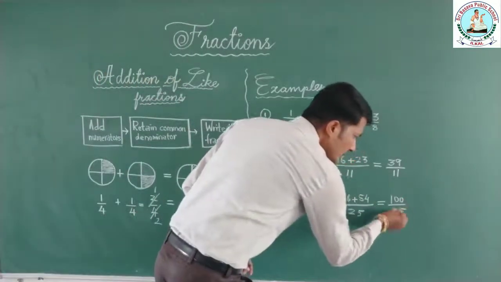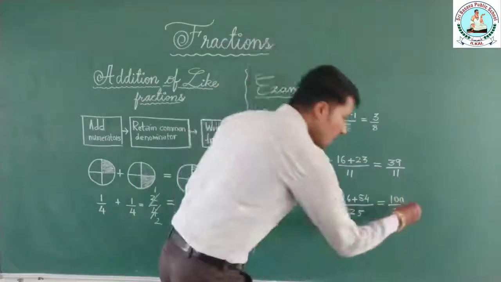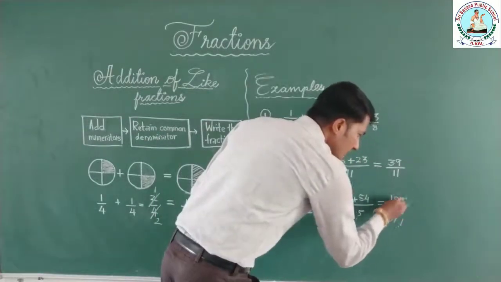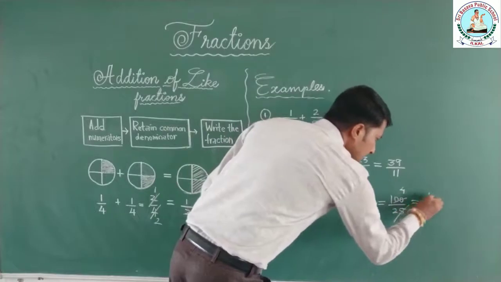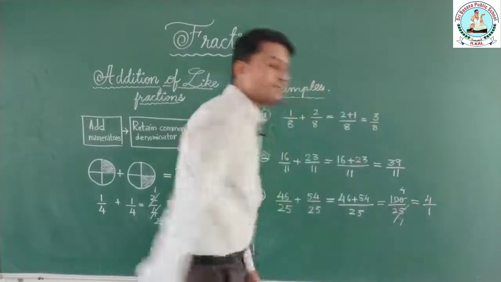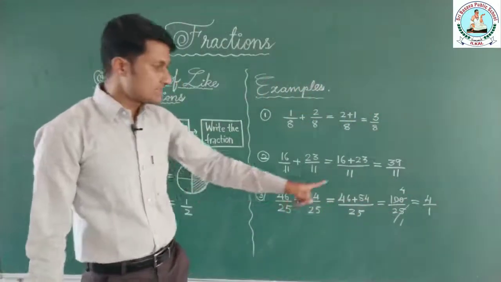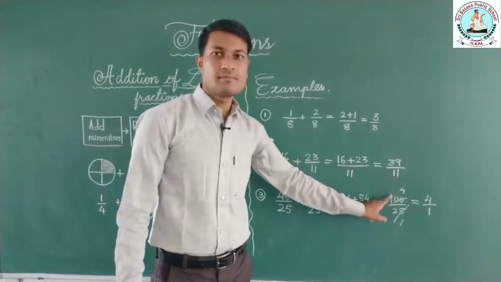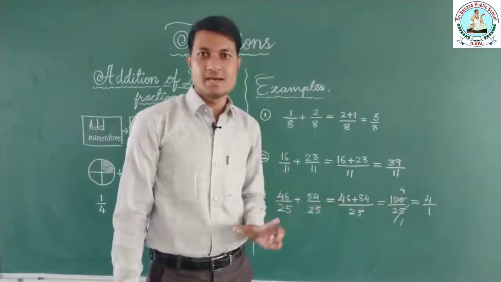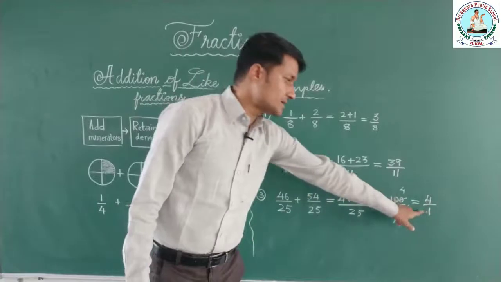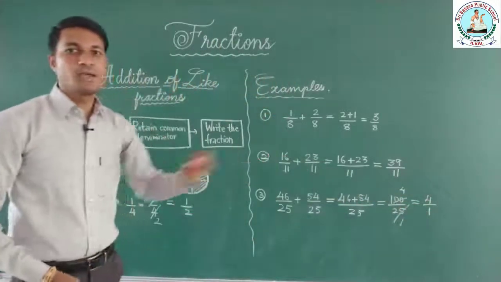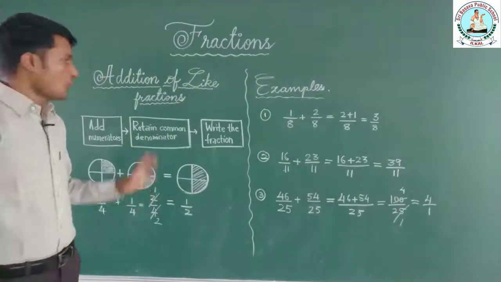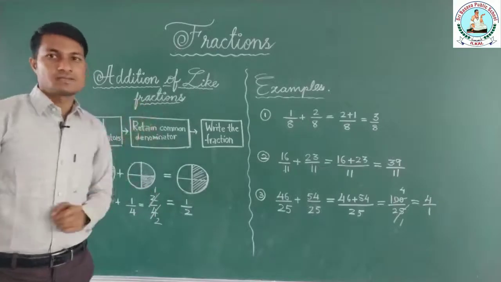In which table can both these numbers be divided? By the 25th table: 25 ones are 25, 25 fours are 100, so this itself is the simplest form, 4 by 1. Or else you can stop here itself. 100 divided by 25 is enough, but if you want to simplify that, you can simplify it like 4 by 1. So this is how we can add like fractions.